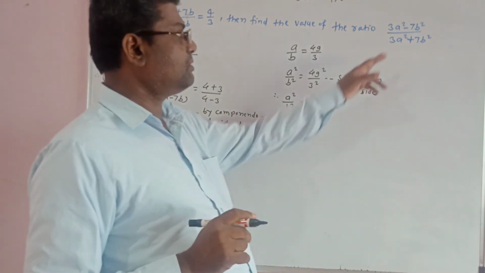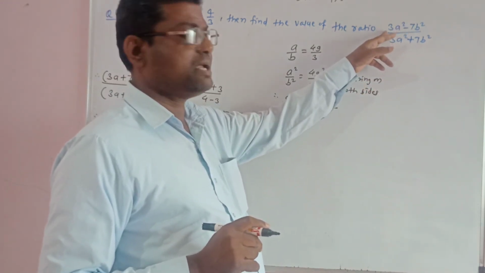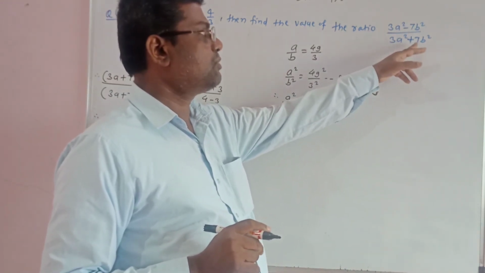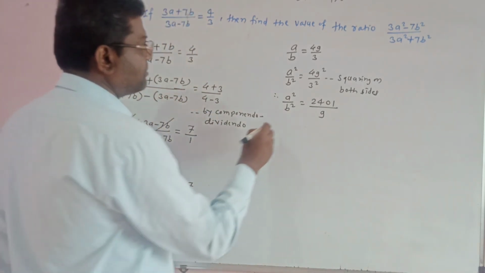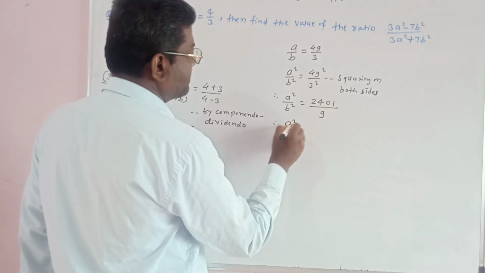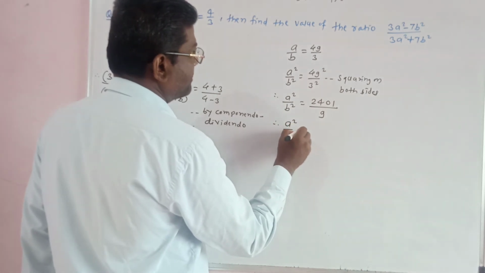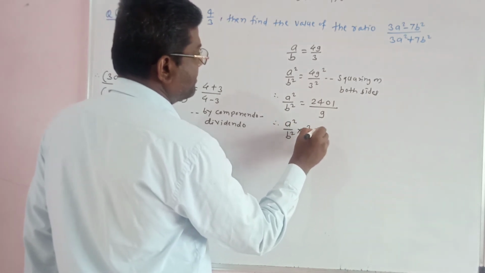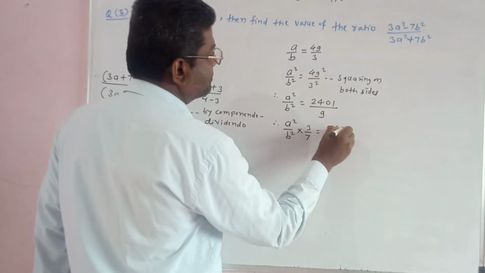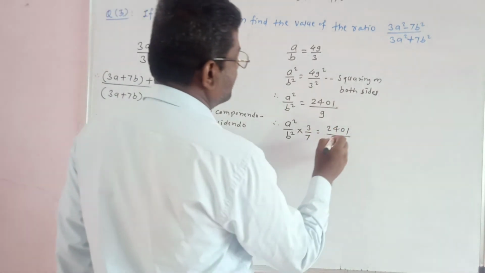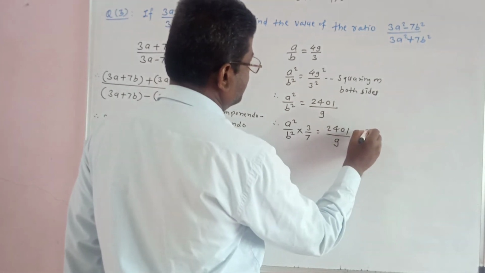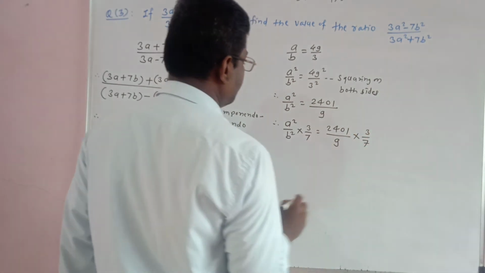Now let's see, we want the coefficient of a square as 3 and coefficient of b square as 7. Therefore we multiply a square upon b square by 3 upon 7 is equal to 2401 upon 9 into 3 upon 7.